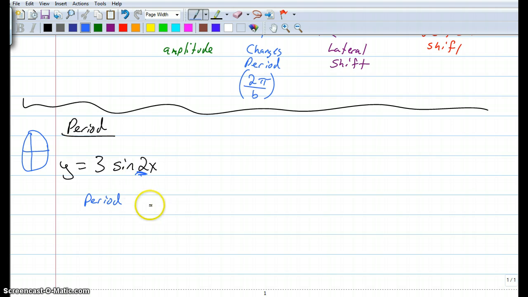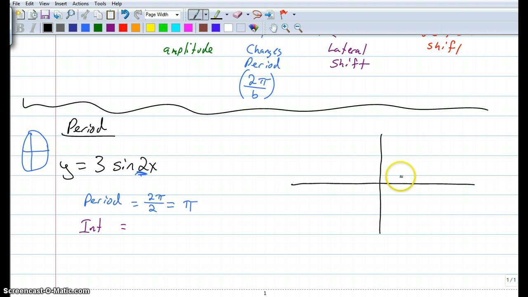Remember, period is 2 pi divided by b. In this case, b is 2. So 2 pi divided by 2 is 1 pi. And that brings us to our interval. Now, yesterday when we were graphing these, we made 4 tick marks, right?